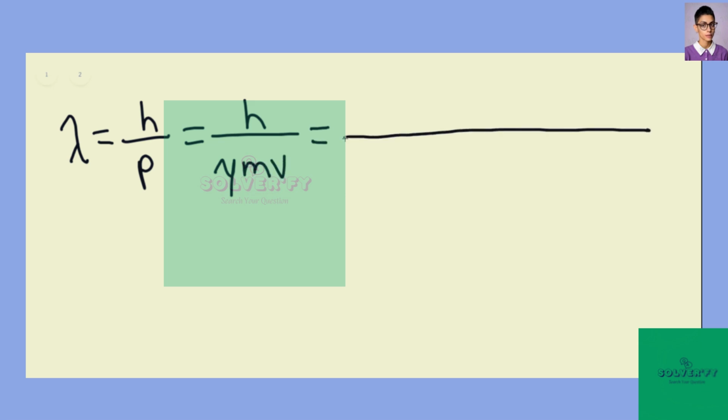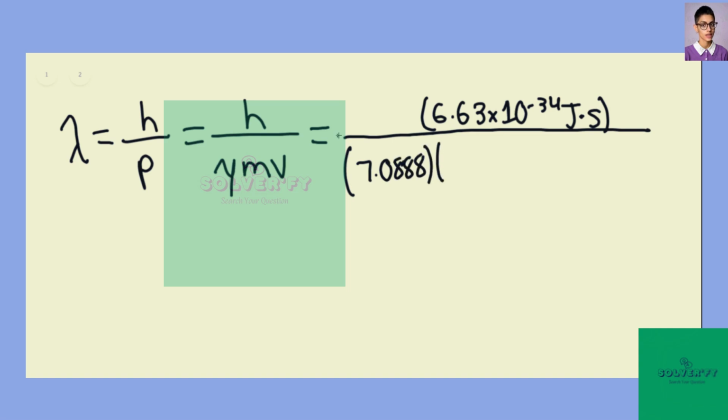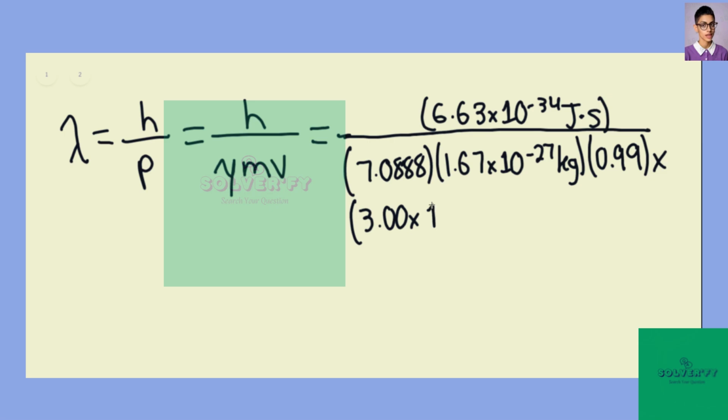we can solve. So this would be 6.63 times 10 to the negative 34 joule seconds, divided by the Lorentz factor, 7.0888, multiplied by the mass, 1.67 times 10 to the negative 27th kilograms, and then multiplied by the velocity of 0.99 times the speed of light, 3.00 times 10 to the 8th meters per second.